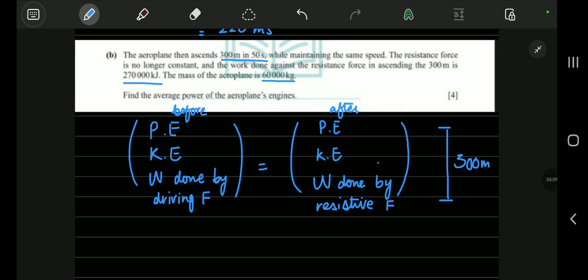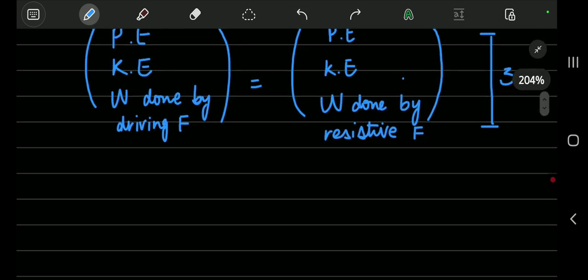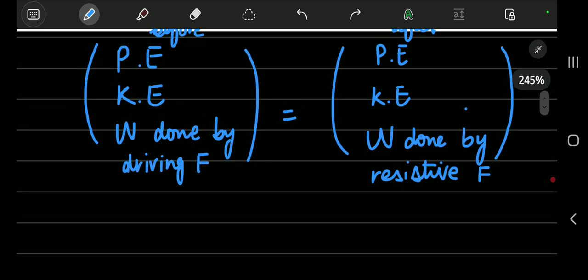Potential energy before would be, we are considering a case like a plane is flying horizontally, and then it ascends. So we take it to be relative potential energy. Initially the potential energy will be 0, because they say horizontally and they didn't give you what height it was.